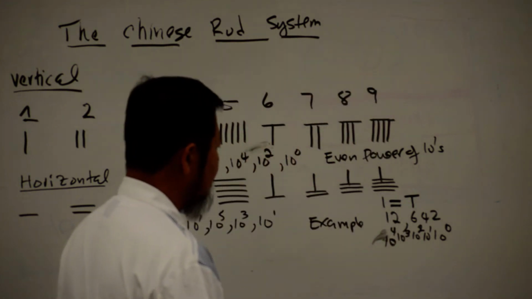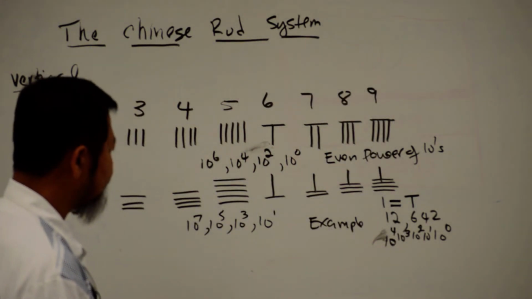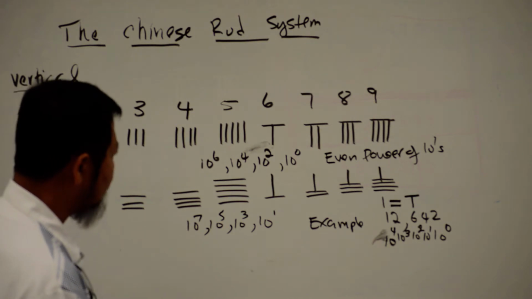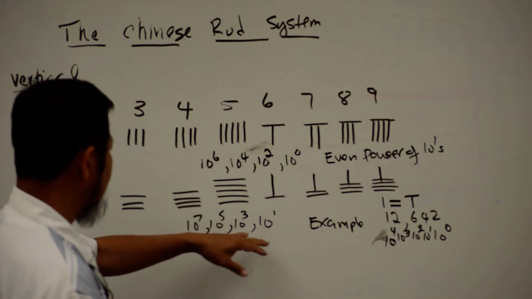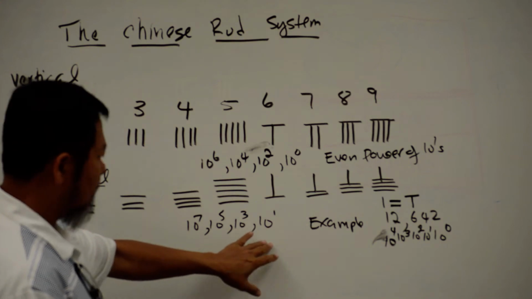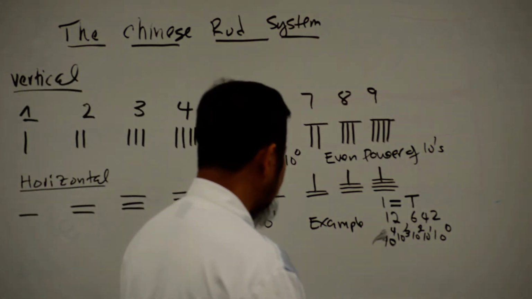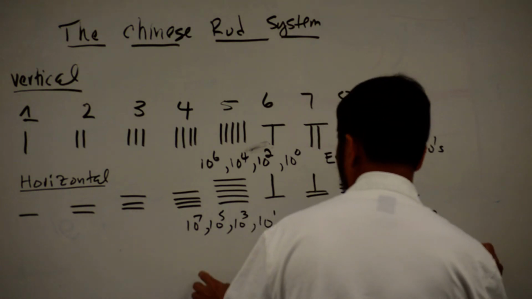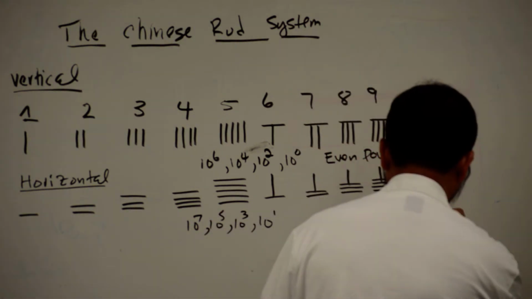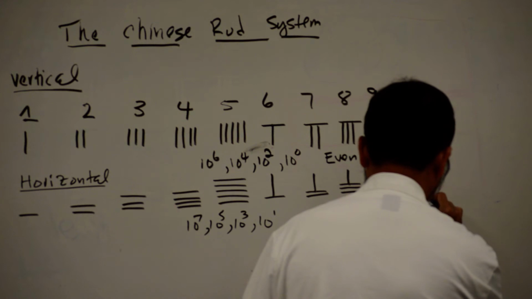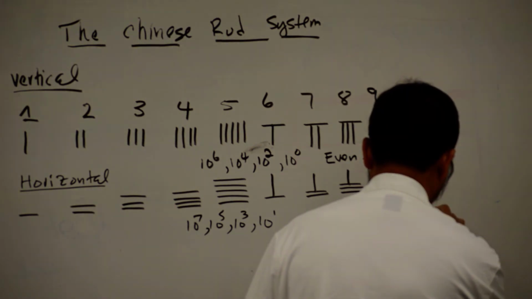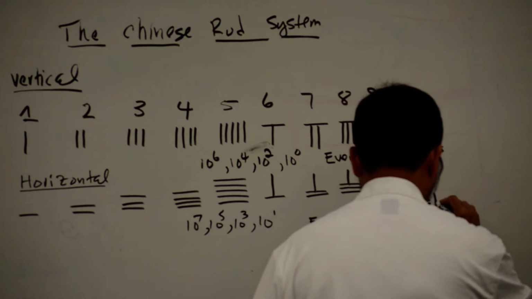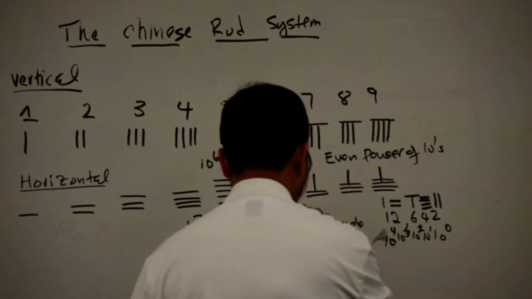Then I have 40. So 10 to the first is a horizontal line. So 4 is horizontal, 1, 2, 3, 4. Then 2, you go back to vertical, 1, 2.